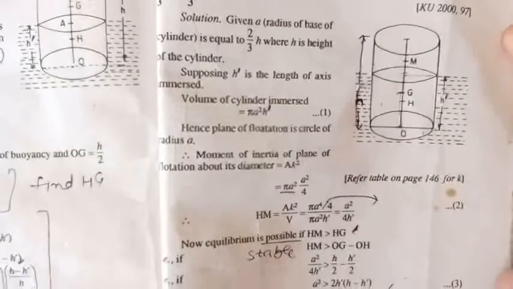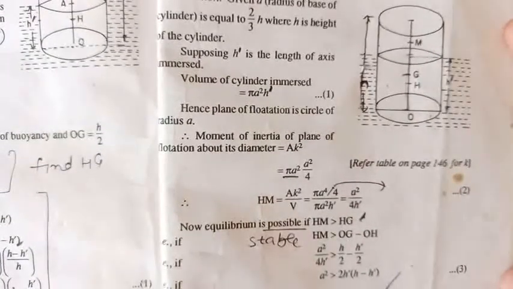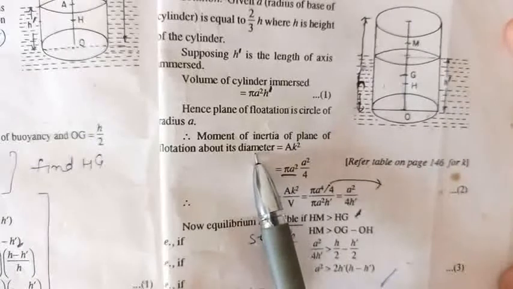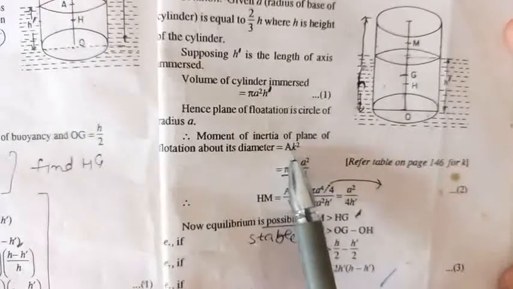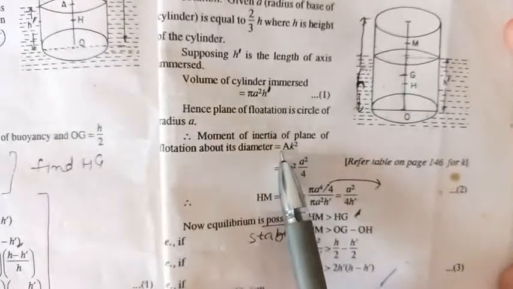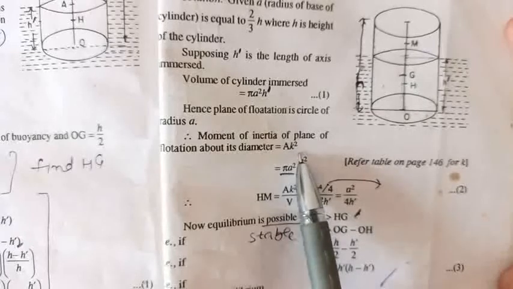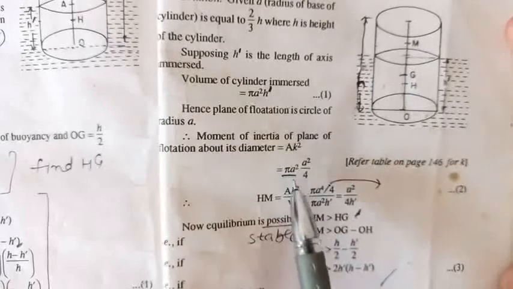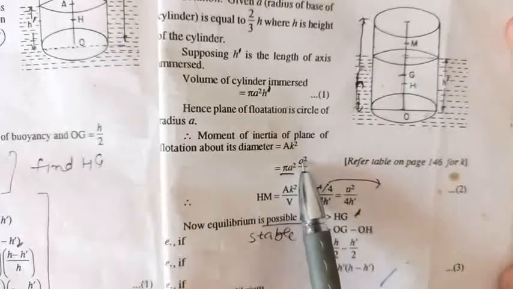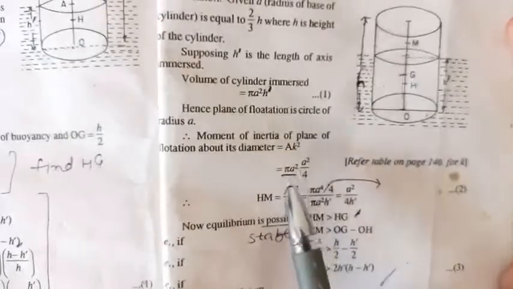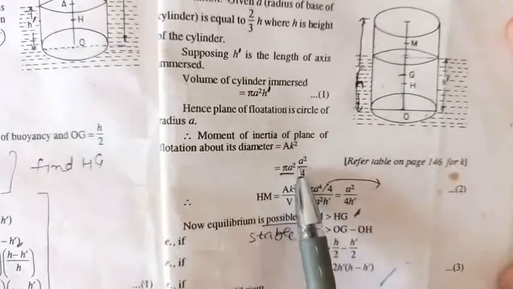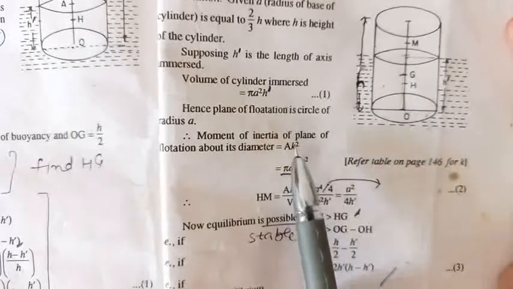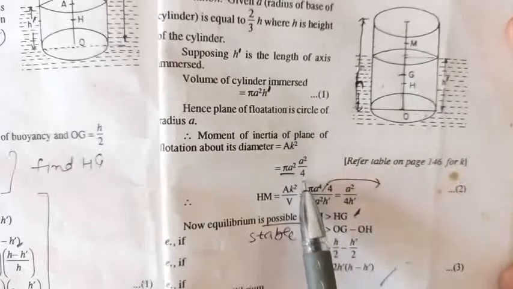Now the moment of inertia of the plane of flotation about the diameter is given by A k square. A is the area of the circle, k is the radius of gyration. Area is pi into radius square. Radius is A, so area will be pi A square. And k square is A square by 4.